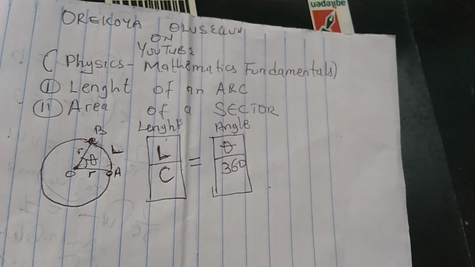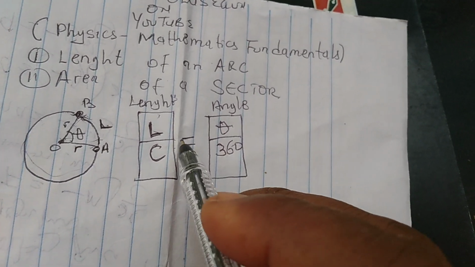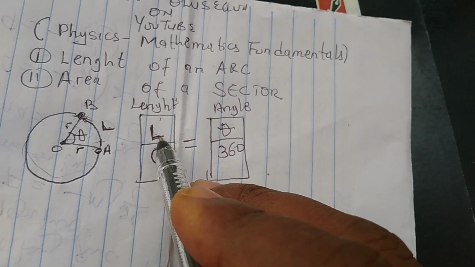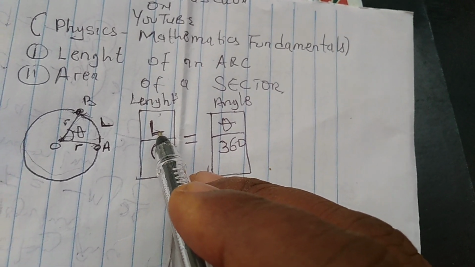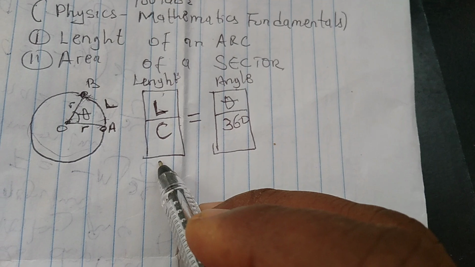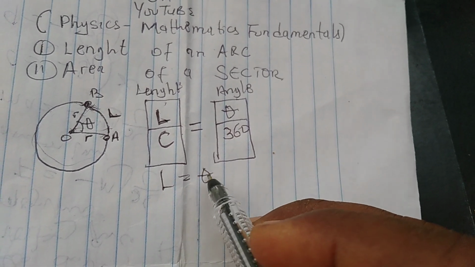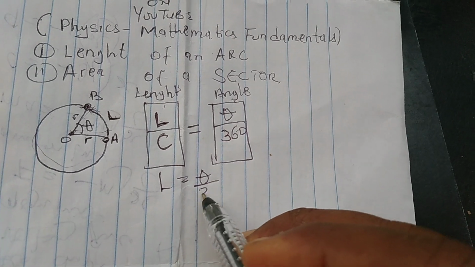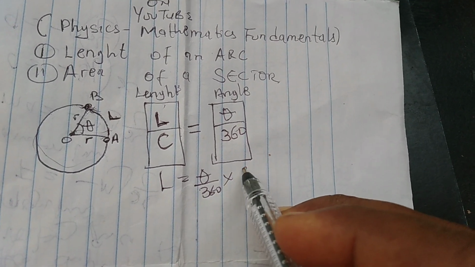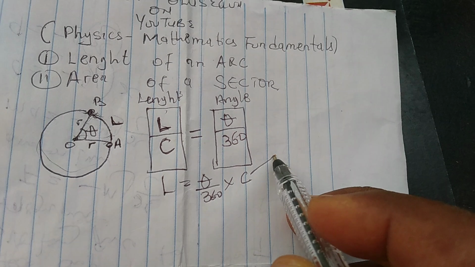So we are looking for the formula to calculate the length of an arc. What we need to do is to make L the subject of the formula. So we write L is equal to, by cross multiplying, theta divided by 360 times the circumference of the circle.